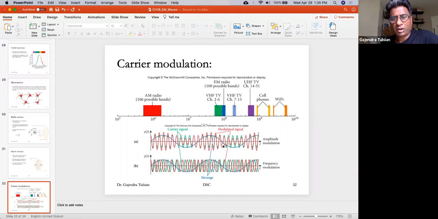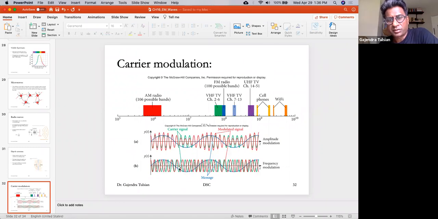With frequency modulation, you're using a higher frequency, and you take a Fourier transform of the information that's being transmitted, and you vary the frequency of the carrier signal, the green signal, with the frequency of this information signal. Okay. So you're changing the frequency of the carrier signal.